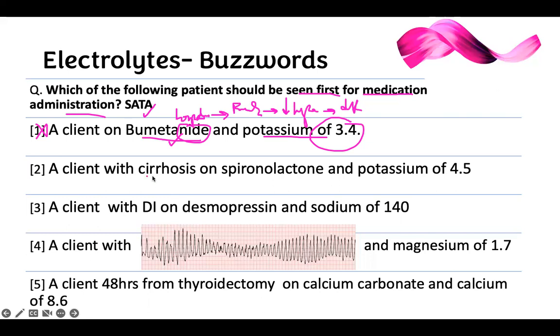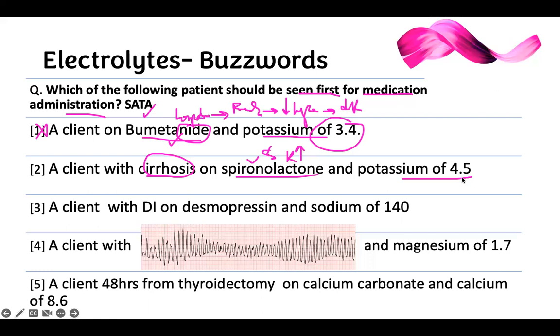A client with cirrhosis on spironolactone and the potassium of that. Cirrhosis, they have ascites, they put them on spironolactone. It's a diuretic. You get rid of the fluid, and then the ascites gets better. But spironolactone is potassium sparing, so it makes the potassium go up. Therefore, the patient's potassium is 4.5. Fine.